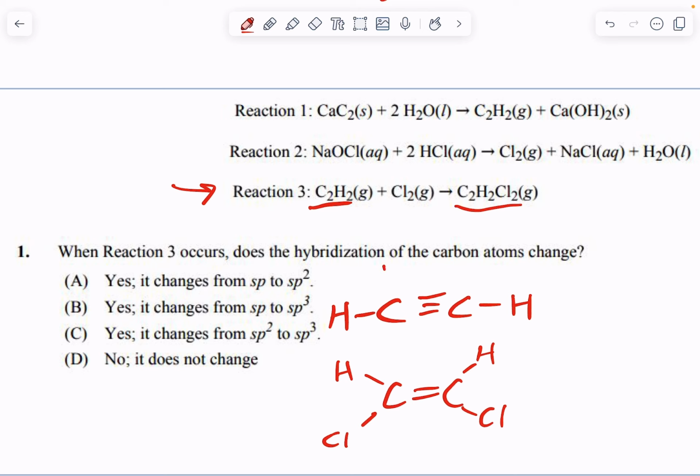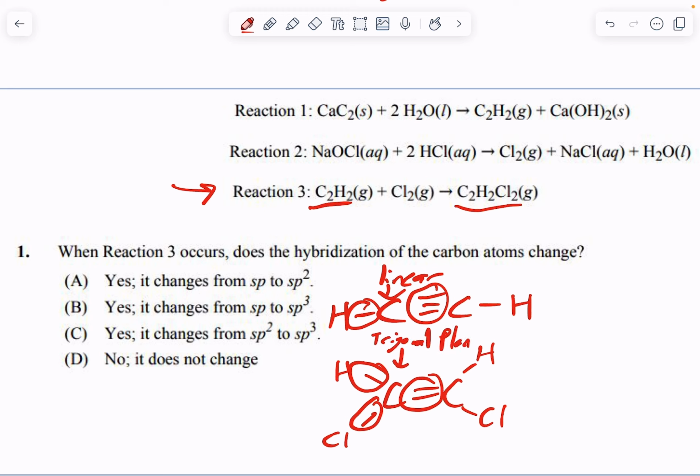So right here we have it in linear shape on our carbons. We have 2 domains. And on this carbon, we've got 3 domains. And we will have a trigonal planar shape. So we're going from linear to trigonal planar. So we're going from sp to sp2. So yes, it does change, and A would be the correct answer.